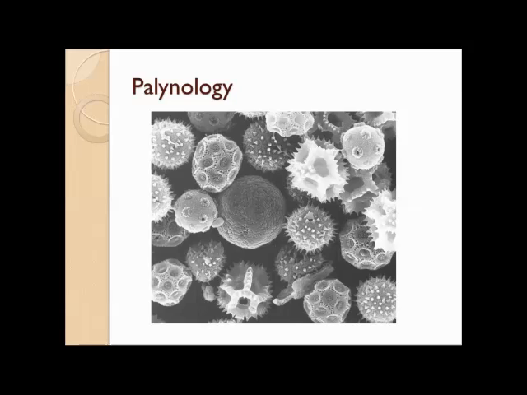This is really helpful because some species of plants that create pollen survive in some environments and not in others. And so if we're finding lots and lots of a certain kind of plant, we know it's an environment that's very friendly to that kind of plant. So we can actually chart the way that temperature and the rainfall would have gone up and down in different areas through these animal and plant remains.